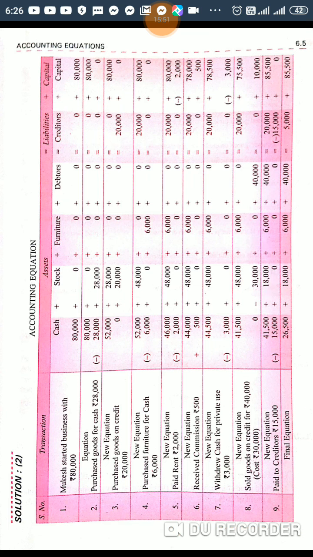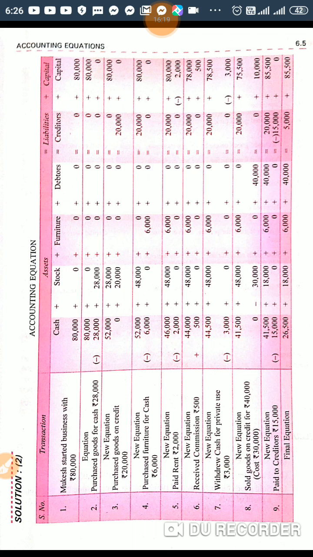So now check the new equation. Cash is still 41,500. Stock becomes, after this transaction, stock is decreased, now the balance becomes 18,000. Furniture 6,000. Debtor is increased by 40,000. Liabilities, creditors 20,000, and capital is increased by 10,000, that is 85,500.